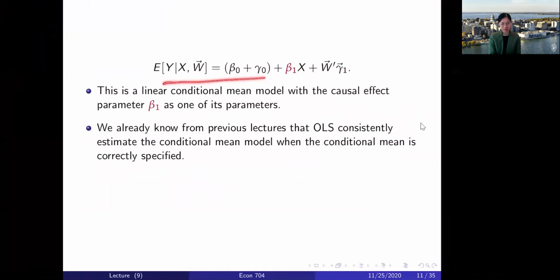So this is a linear conditional mean model if the linearity assumption that we just imposed about E[u given W] is correct. If that linearity assumption is correct, this is a correctly specified conditional mean model, and it is also a projection model, and therefore OLS regression of y on x and w will consistently estimate beta 1.